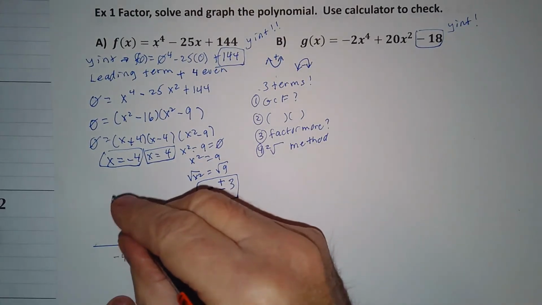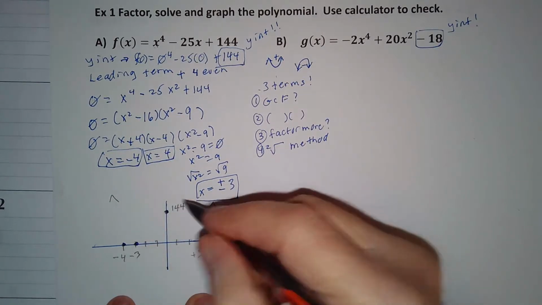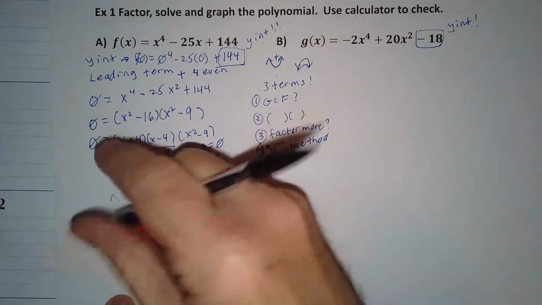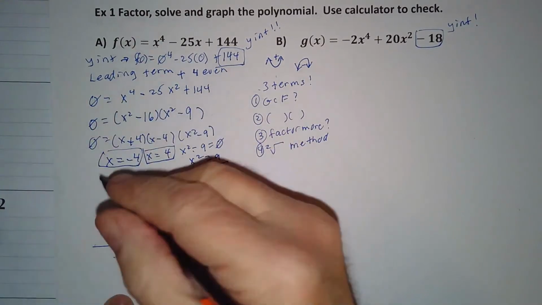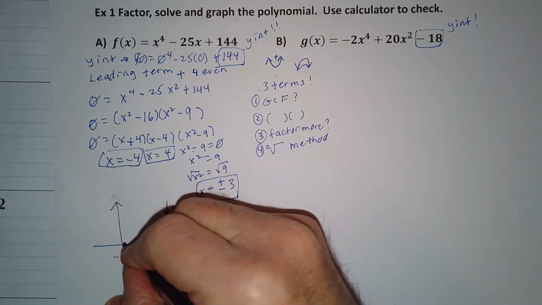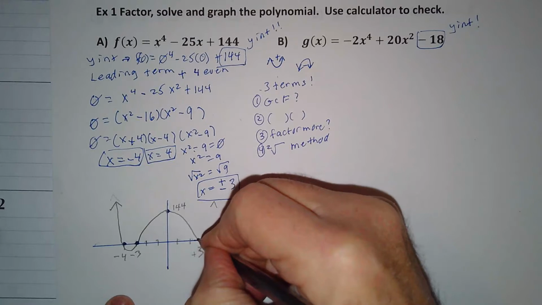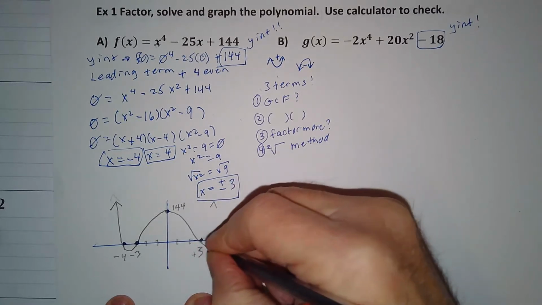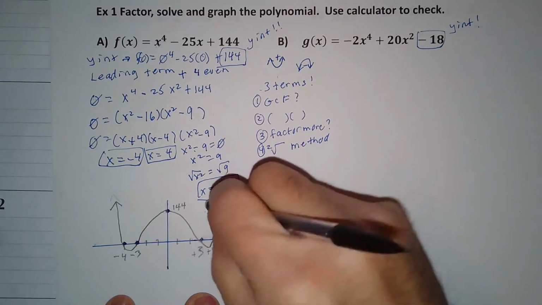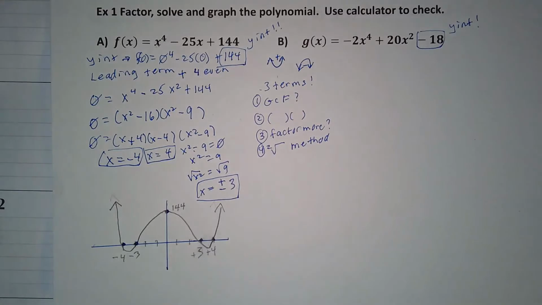So that means I'm going to have an arrow that's going to look like this and like this. Now I've kind of scrunched my room. Let's move this down a little bit. So we're going to have a graph that looks like this. Okay. All right. So there's your graph.